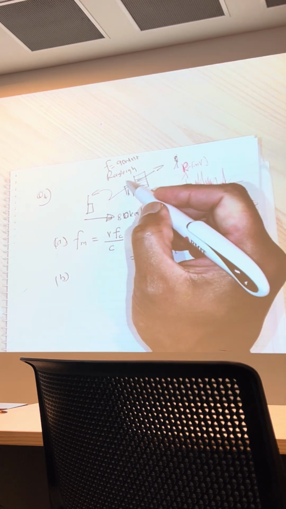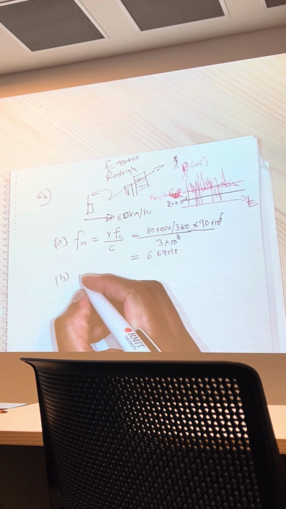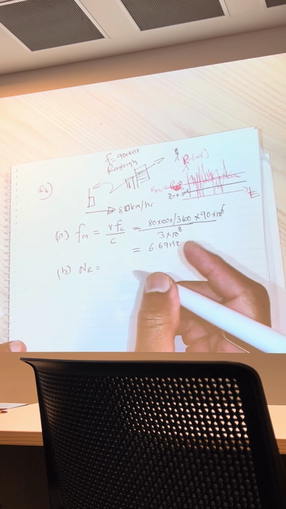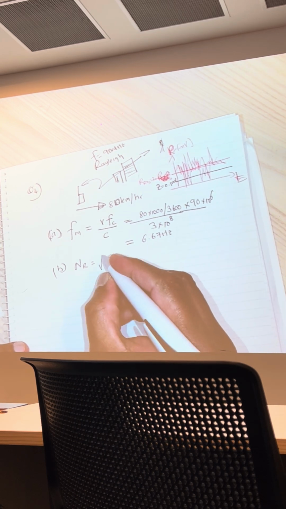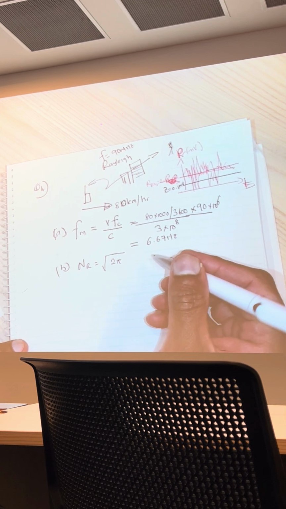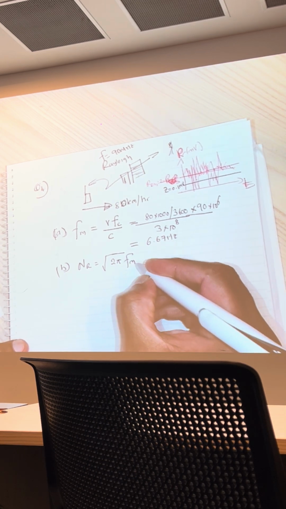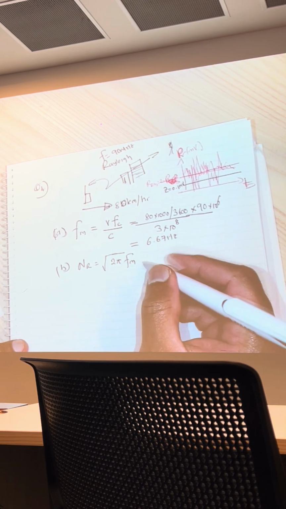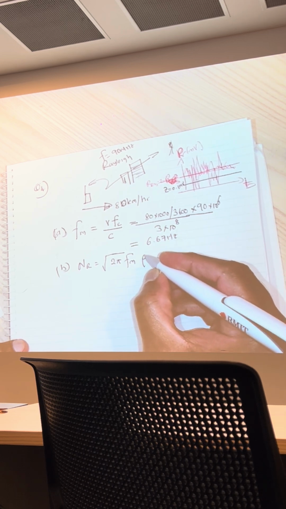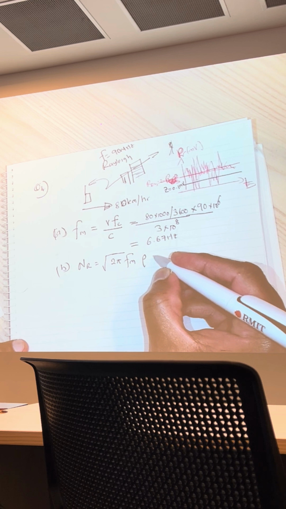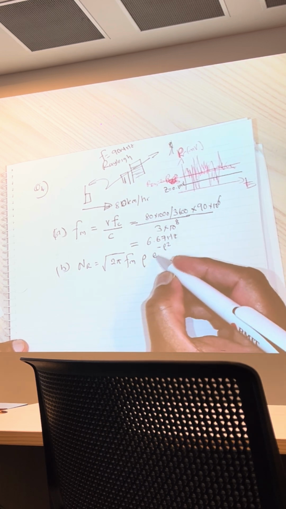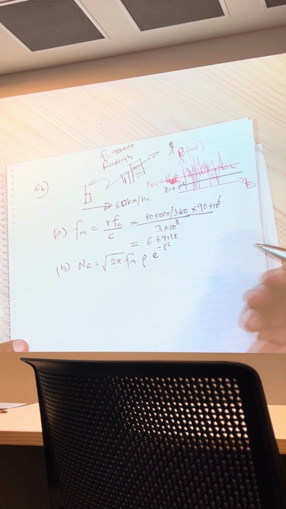And for a Rayleigh channel, there's an expression given in the lecture notes, which is proven, given by square root of 2 pi Fm, which is what you calculated in part A, times a parameter called rho, times e to the power minus rho squared, right?